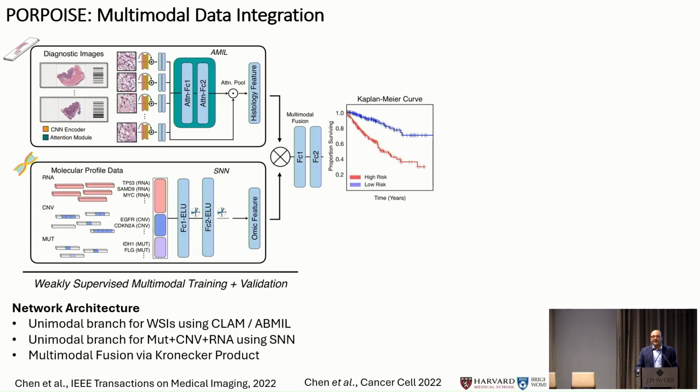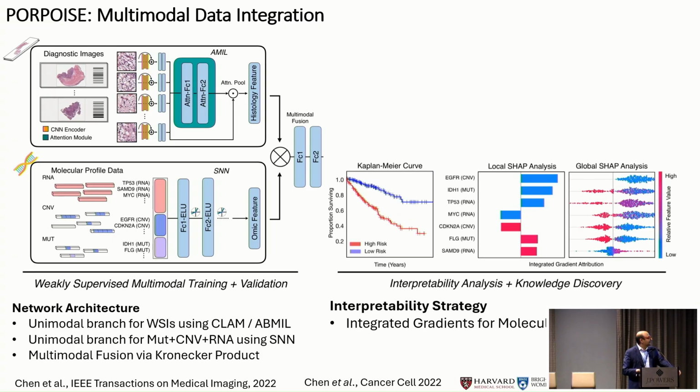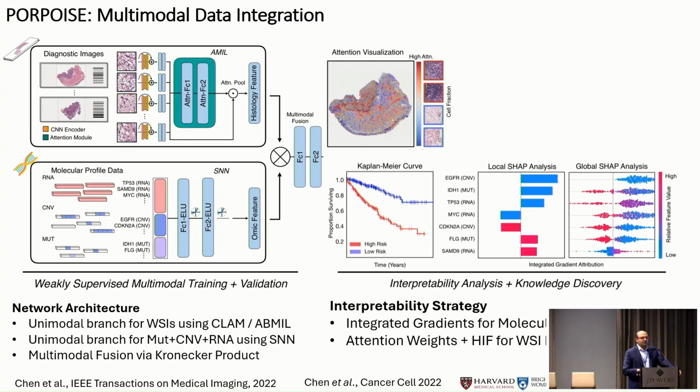But then you can also go back and look at what's important in the molecular profile and in the histology, because it's run in a more weakly supervised manner. So you have the entire histology image, or multitude of histology images corresponding to that case, and the molecular profile. You're not picking out some of these features and giving those features to the model. So the model picks out those features on its own. So it could be sort of a discovery mechanism, trying to figure out what it really uses.